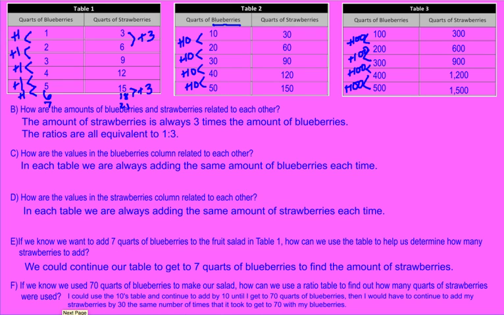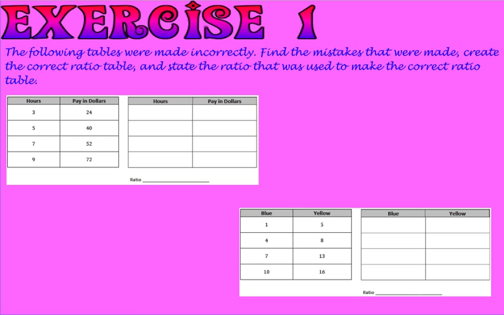So what I would like you to do for class tomorrow is exercise number 1. Okay, so the following tables were made incorrectly. Find the mistakes that were made, create the correct ratio table, and state the ratio that was used to make the ratio table. Okay, so I want you to try to use addition where you can, when you feel comfortable, to make these new tables.